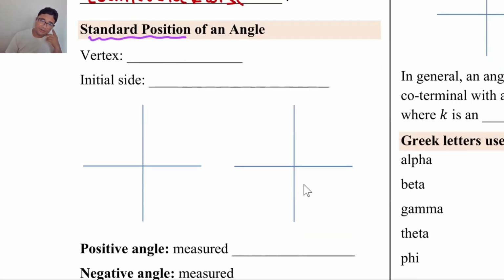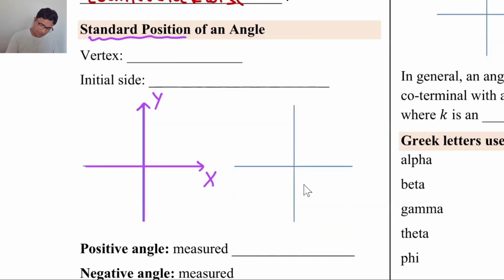Okay. Now, in the standard position, we use this coordinate system. What you are seeing here below, the two diagrams, these are two coordinate systems, right? The rectangular coordinate system. The x-axis and y-axis.